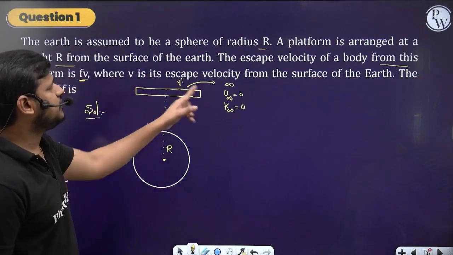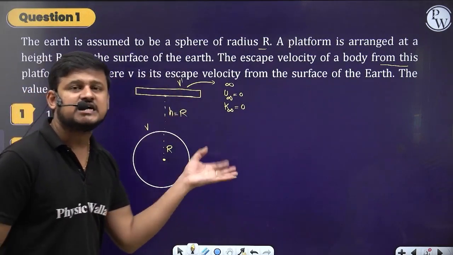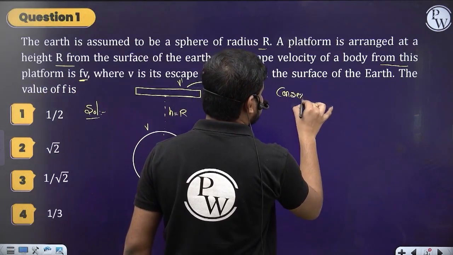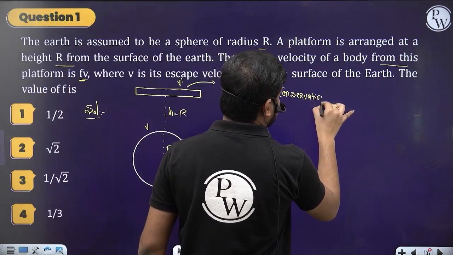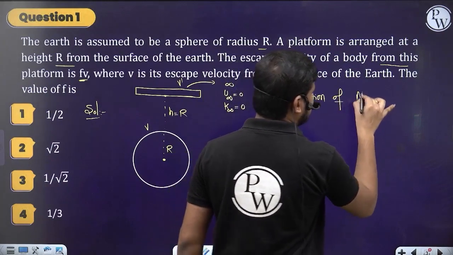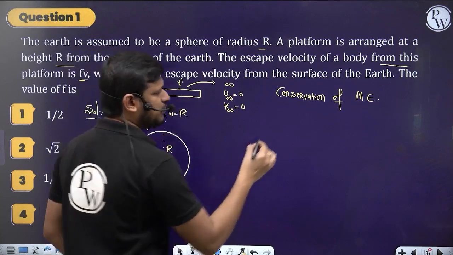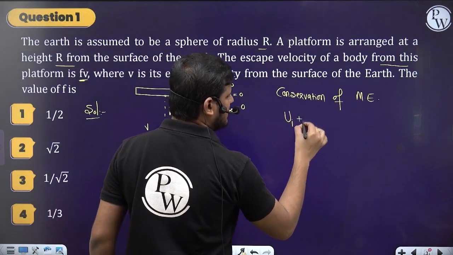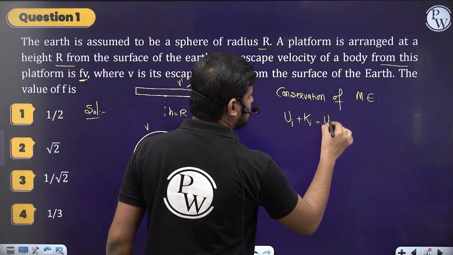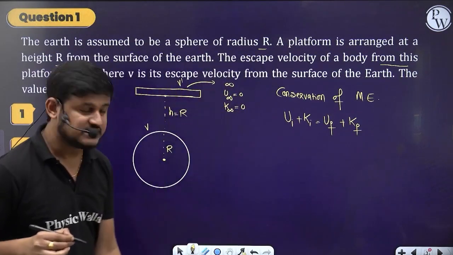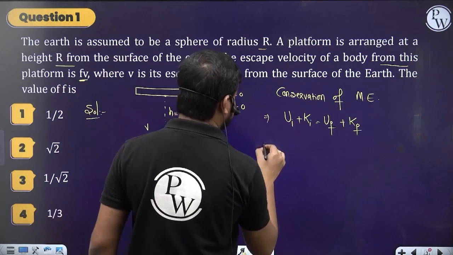Now from here to here, let me apply the conservation of mechanical energy. Let the initial potential energy be Ui, so Ui plus Ki is equal to Uf plus Kf. Then what is the initial potential energy?